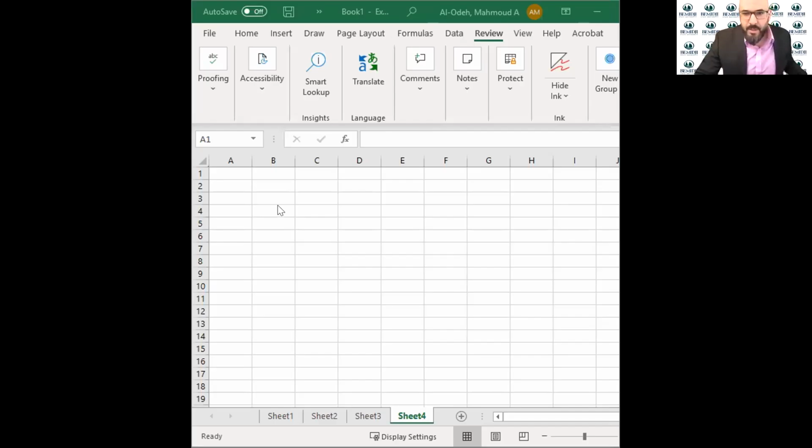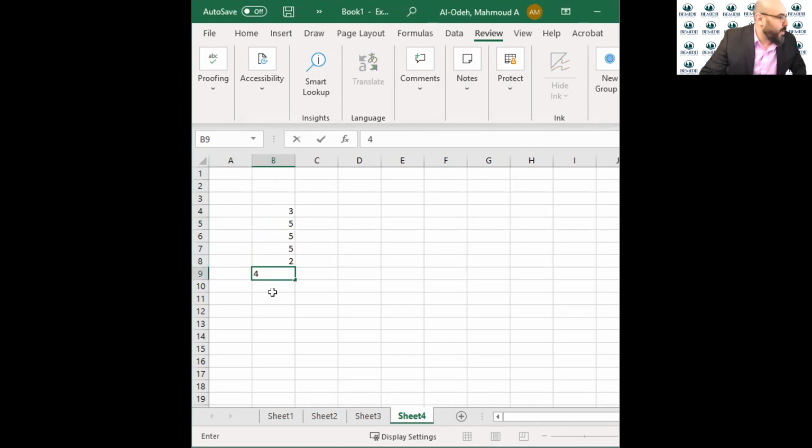And based on the numbers, we have 3 for the first one, we have 5 on the second one, the third one, another 5, so we have three 5s. Okay, 3, 5, 5, 2, 4, and 3.